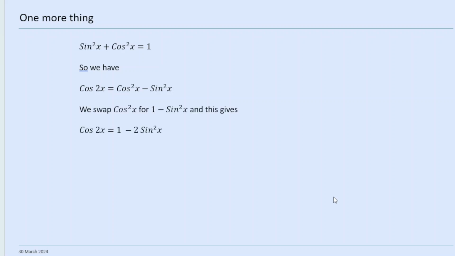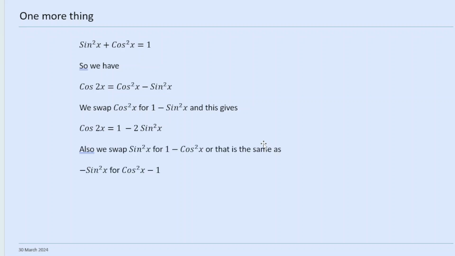So from the identity sine squared x plus cos squared x is 1, it tells us that cos squared x is 1 minus sine squared x. So here we're going to put in cos squared x as 1 minus sine squared x. That tells us that cos 2x equals 1 minus 2 sine squared x. It's an alternative way of expressing cos 2x.